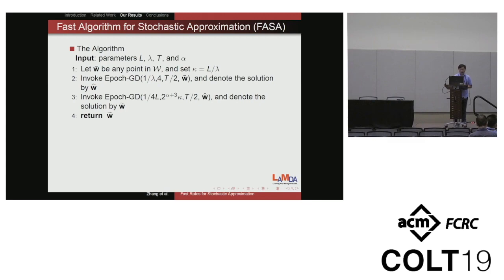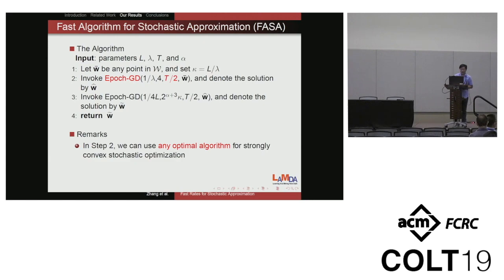In step 2, we invoke epoch GD with half of T iterations to get a good solution. In this step, you can replace epoch GD with any other optimal algorithm for strongly convex stochastic optimization, because the goal is to get a solution W hat which has the 1/(λT) rate.